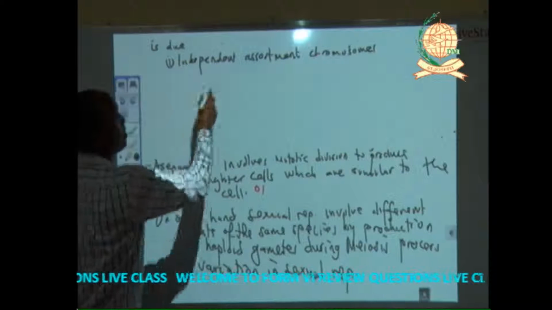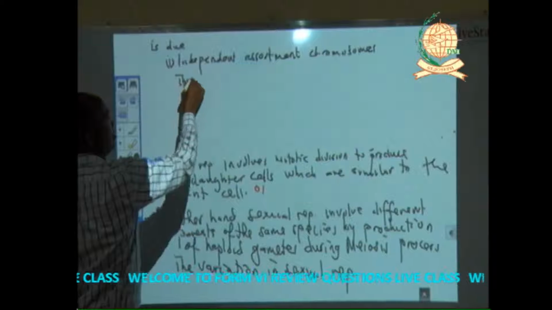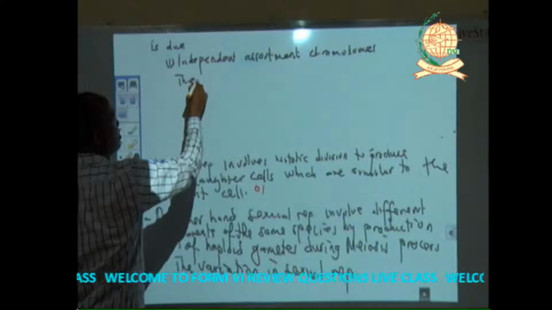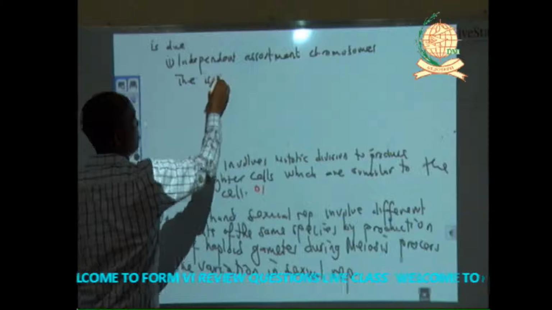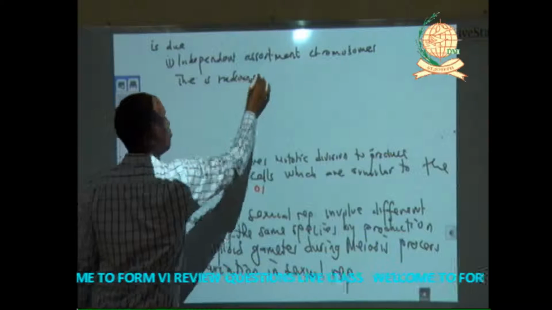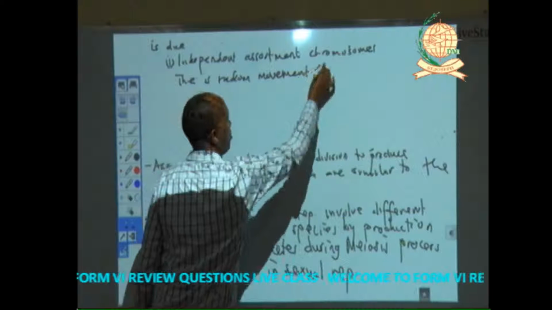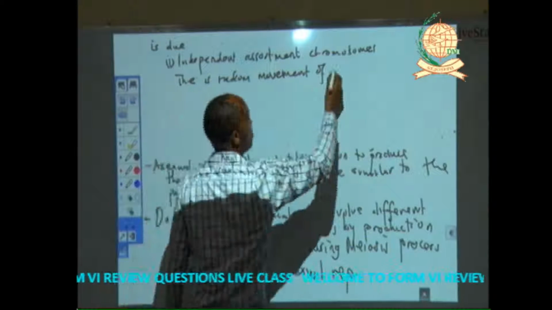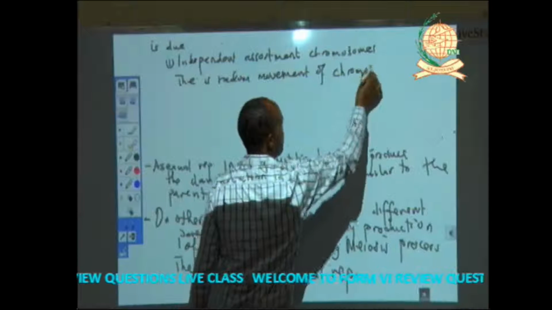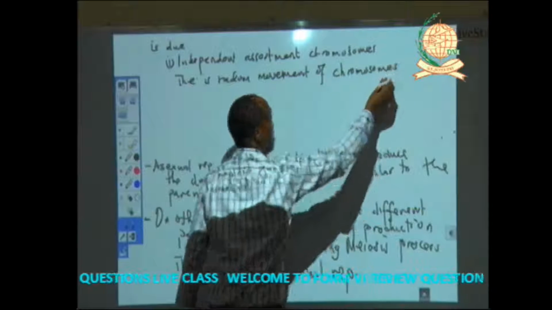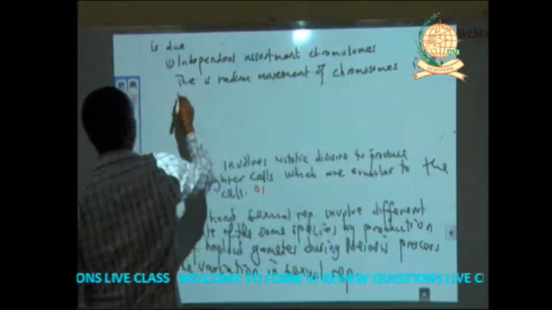There is random movement of chromosomes in meiosis 1.